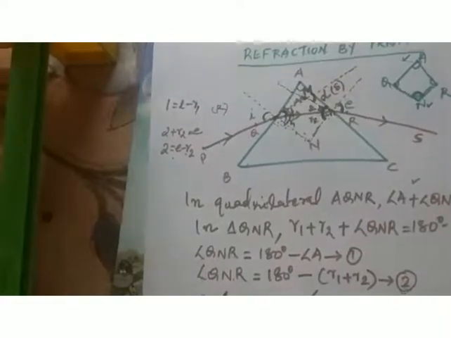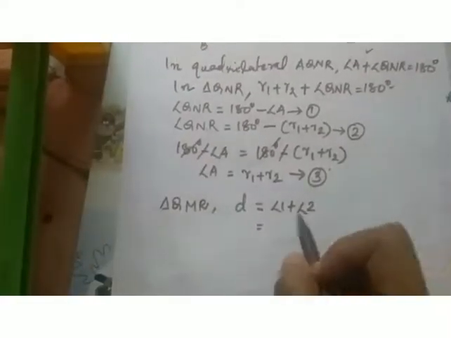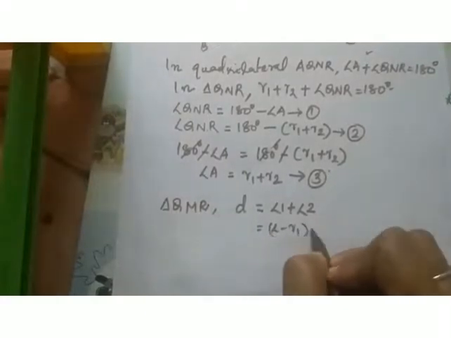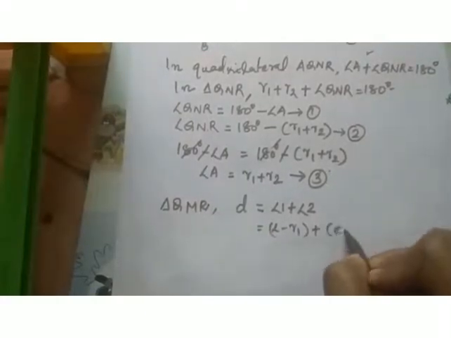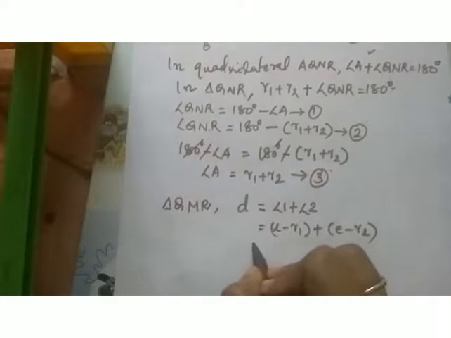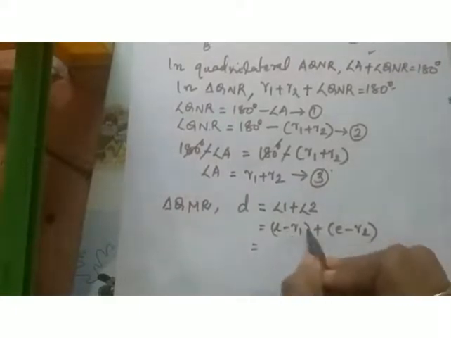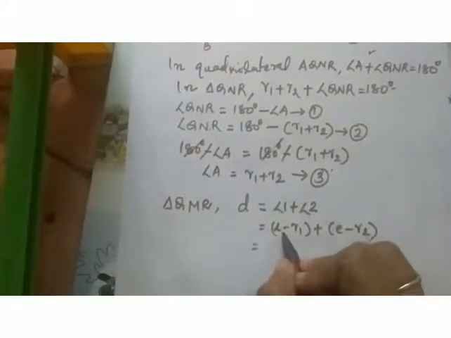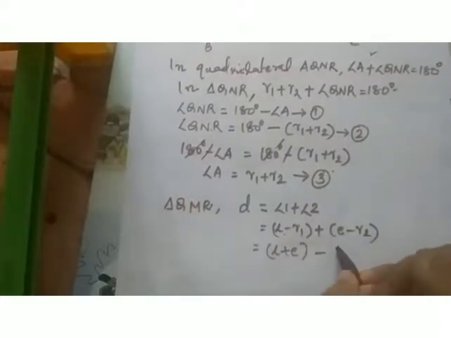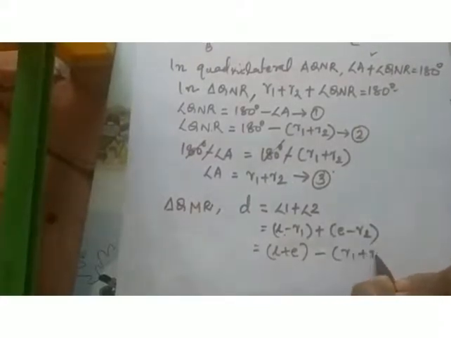Okay, so 1 is I minus R1 and angle 2 is E minus R2. So just substitute these expressions here. So we can write D is equal to angle 1, which is I minus R1, plus angle 2, which is E minus R2. Okay, now here we can just rearrange. We can write I plus E together minus (R1 plus R2).